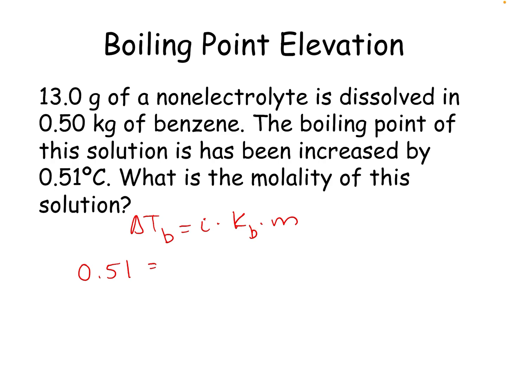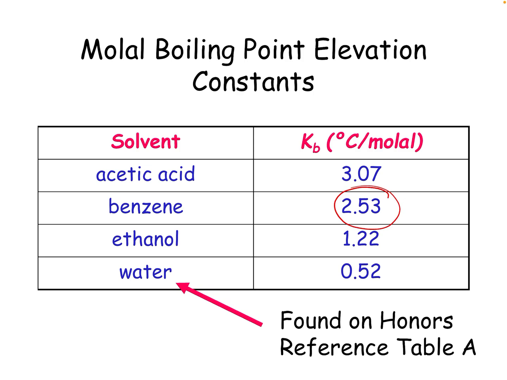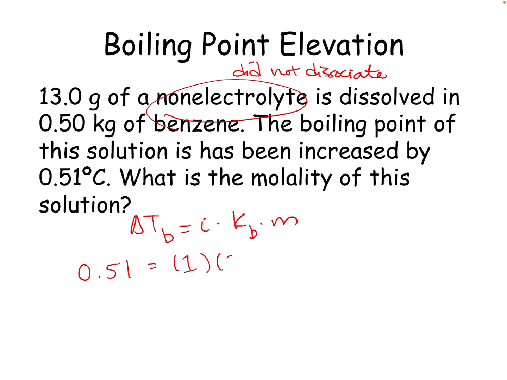If it's a non-electrolyte, that means it did not dissociate. So I don't care what it is, I already know the i value. It's a 1. Okay, so benzene, let's go back. For benzene, 2.53 is our boiling point elevation constant, 2.53 degrees Celsius per molal.